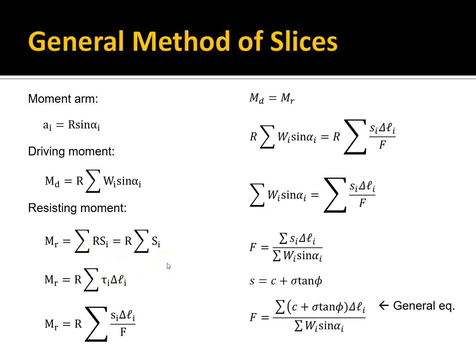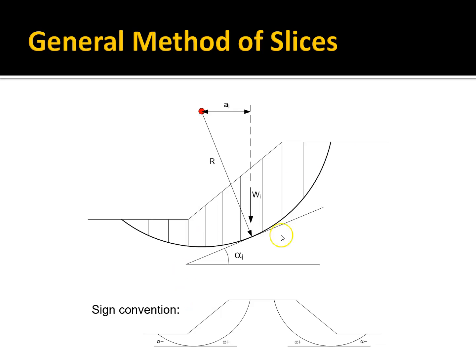R is the radius, and SI is the individual shear force. That shear force is the shear stress times delta Li. So delta Li is the length along each individual base. And these can all have the same width, but they'll have different lengths. For example, this one would have a long length, and down here you get a pretty short length. So you have to calculate that separately for each one of those.